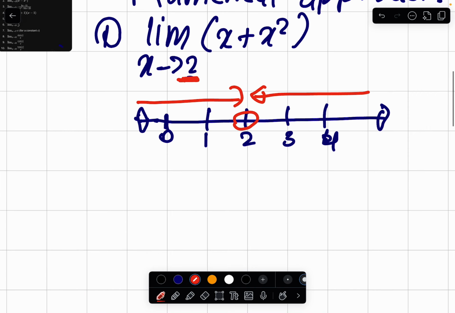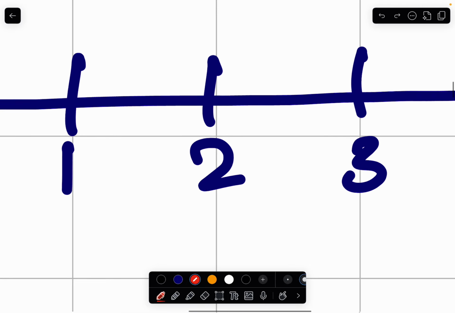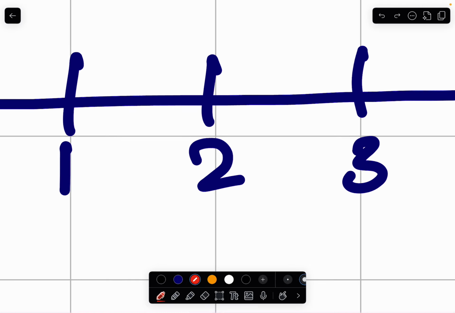Understand? One thing you must bear in mind: you must first ask yourself, if we are approaching 2 from the left, what is the value of x here, not at x equals 2. Remember, here we have 1.1, 1.2, 1.3, 1.4, 1.5, 1.6, 1.7, 1.8, 1.9, then we have 2.